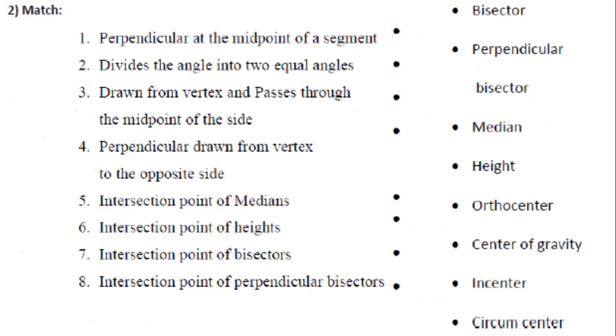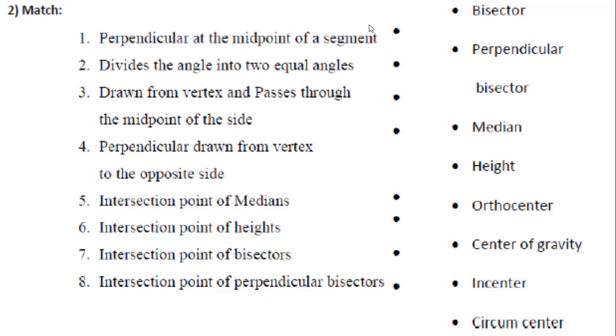The bisector, the perpendicular bisector, the median, and the height. So these are the 4 lines that we talked about in triangles.